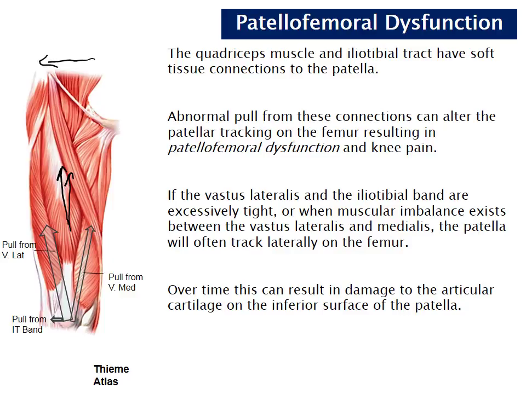And the line of pull of their muscles is a little off. So you can imagine that as the leg rotates out a little bit because of this change in the pitch of their pelvis, the pull of the patella might actually go a little bit more this way because of that change in orientation.